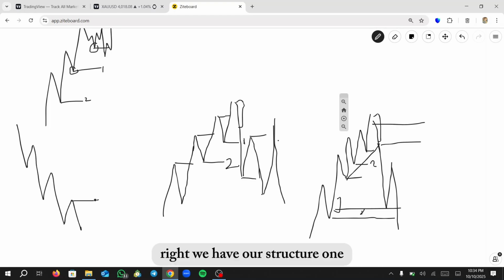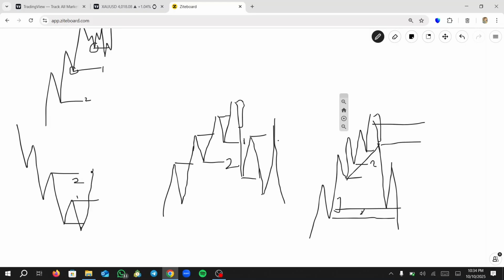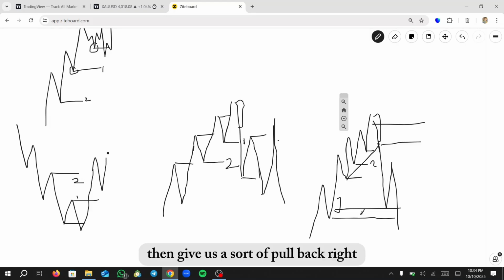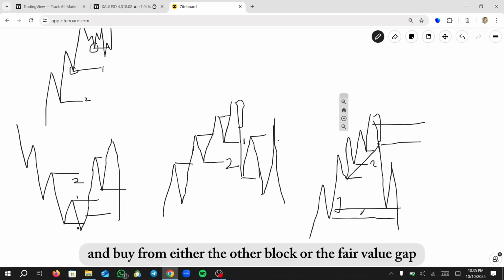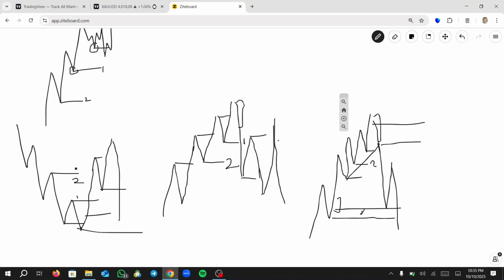We have our structure 1, we have our structure 2. The market has already broken this low, right? The market is going to reverse, break structure 1, break structure 2, then give us a sort of pullback. This will be our pullback. The market is going to come down and buy from either the order block or the fair value gap, right?